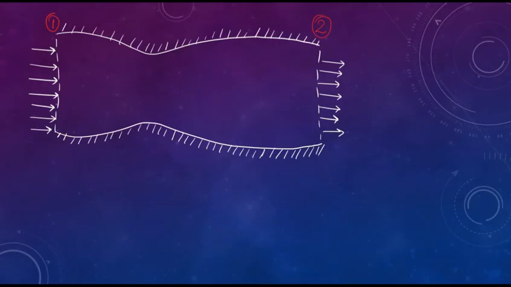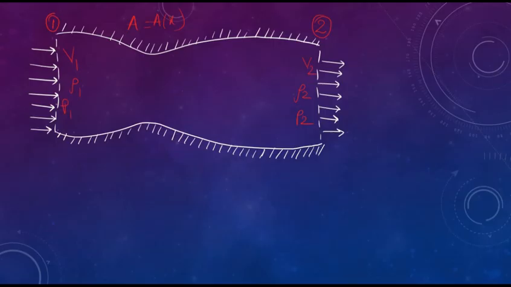So here area is a function of x, and also all the flow field variables are assumed to be functions of x. That is, here we have velocity as v1 and here as v2, then density would be rho1, rho2, and pressure would be p1 and p2 at station 2.